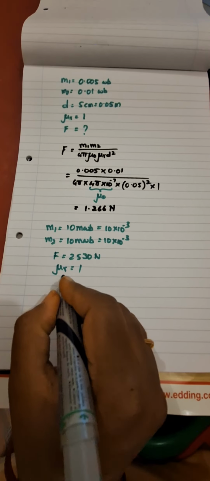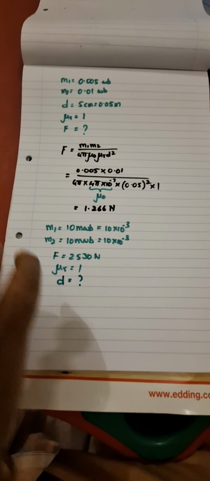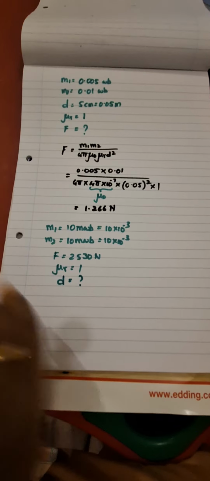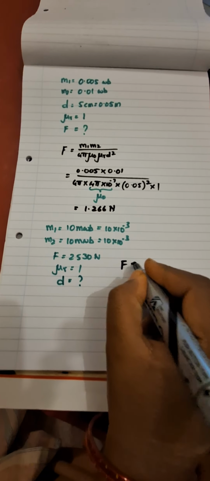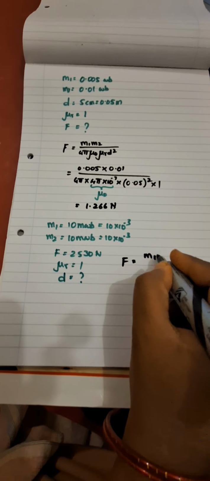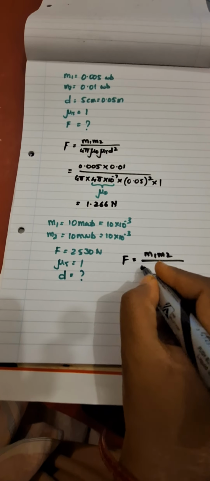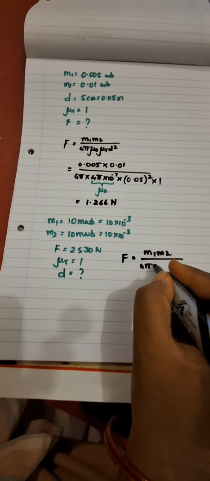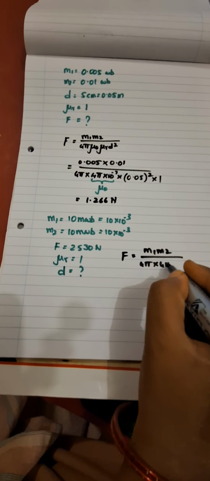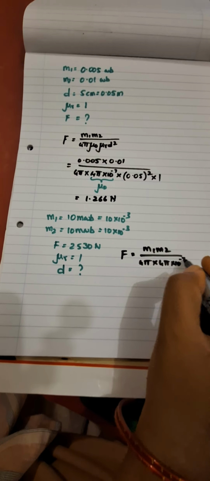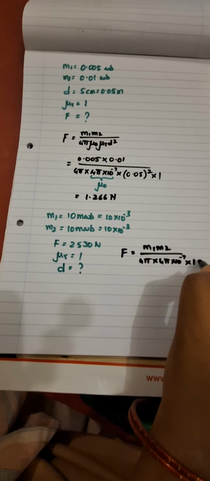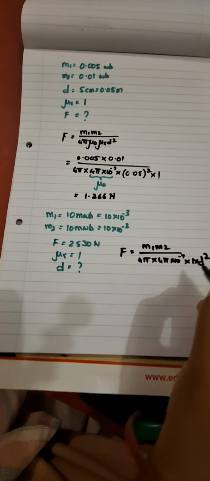So determine the distance between them. When they are asking about the distance, first we should write the formula. F is equal to m1 m2 by 4 pi into 4 pi into 10 power minus 7, which is mu naught, into mu r, which is 1, multiplied by d square.